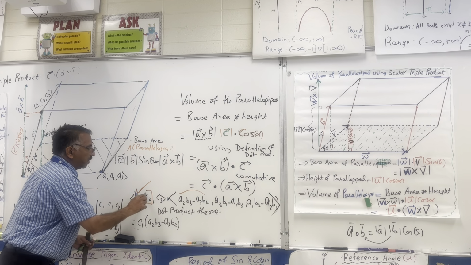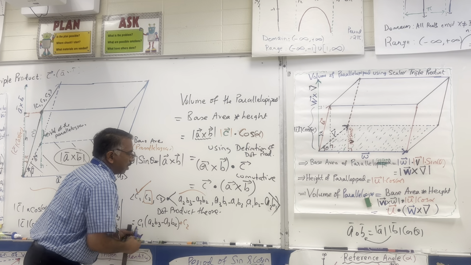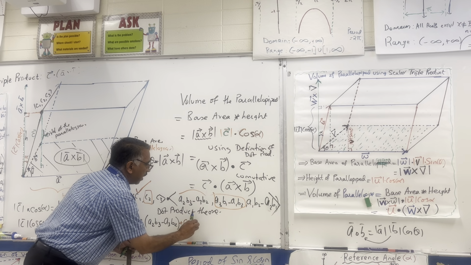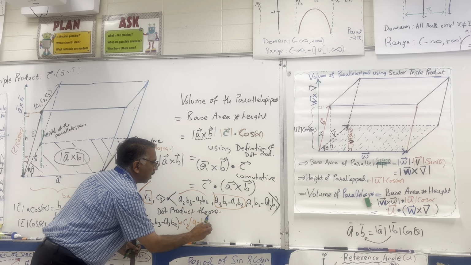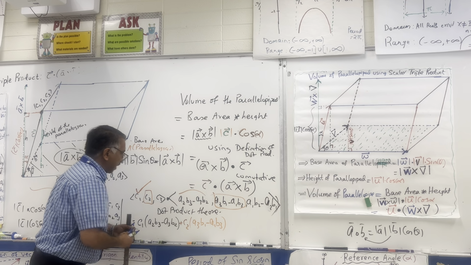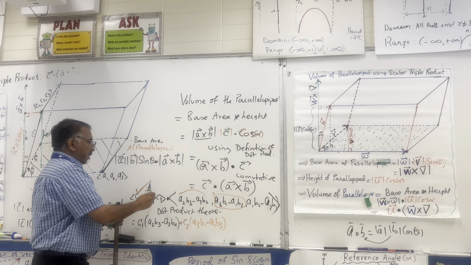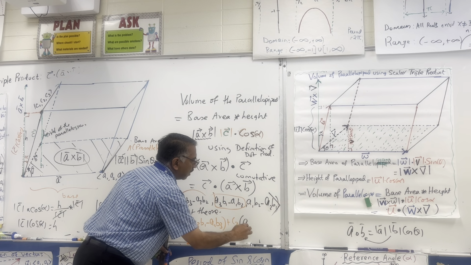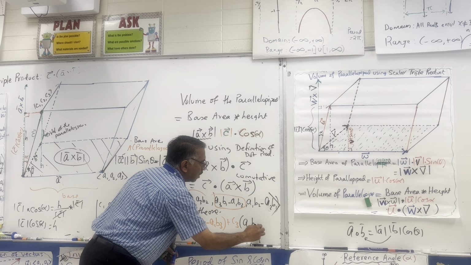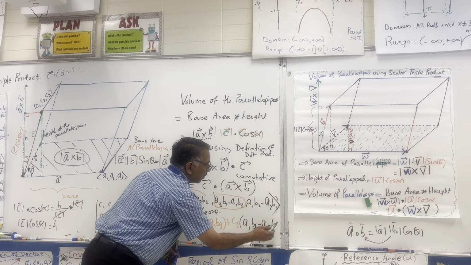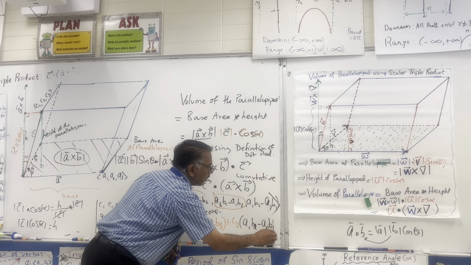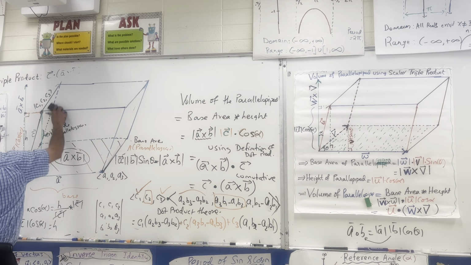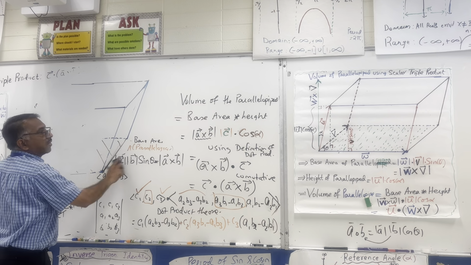Then you do C2, that means plus C2, multiplied by the second one, A3 B1 minus A1 B3. And then finally plus C3 times A1 B2 minus A2 B1. And what does this mean? Basically, let me take this, I don't need this now because I already have a nice one over there.